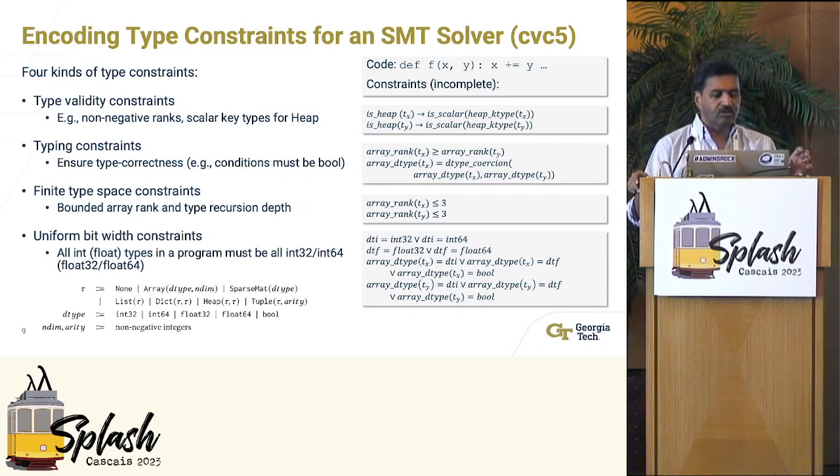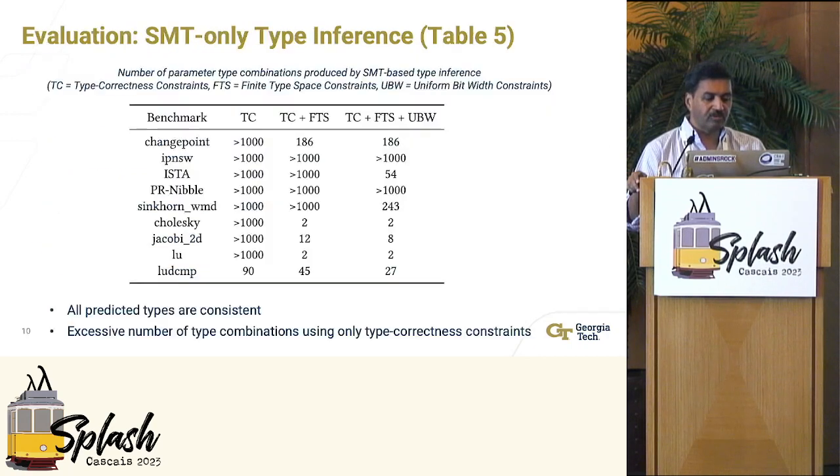And there's also, to make things tractable, we can put a bound on the rank of an array that we want to consider. Here we're showing constraints where the array rank is less than or equal to 3. Of course, it could be replaced by some other constant. And also some constraints that allow for enforcing uniform bit widths in certain operations.